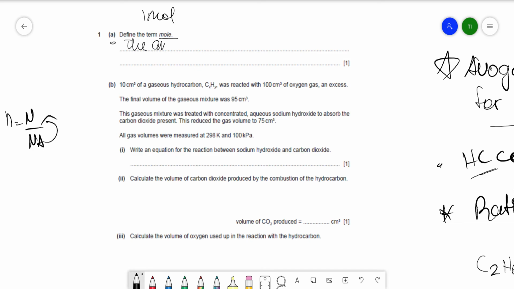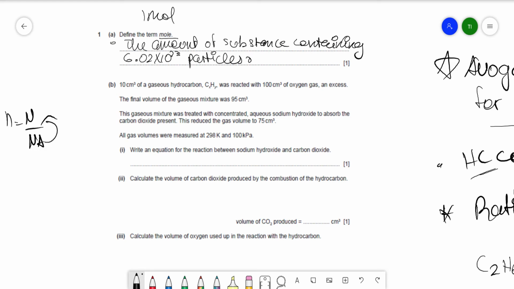The amount of substance containing 6.02 into 10 to the power 23 particles of this substance.